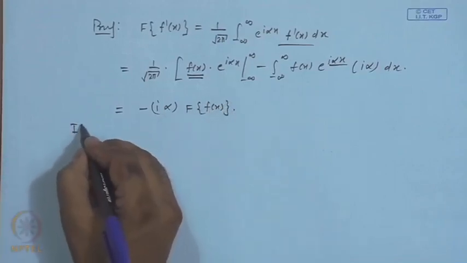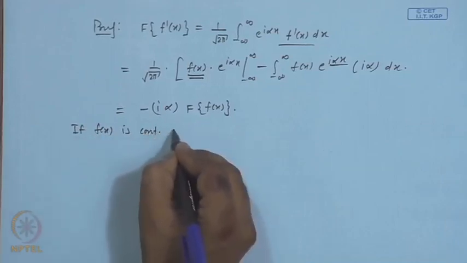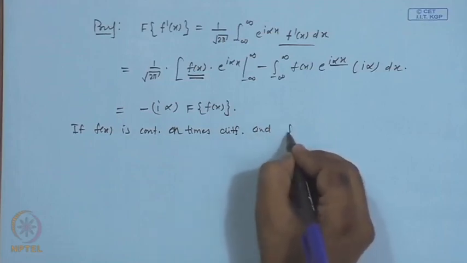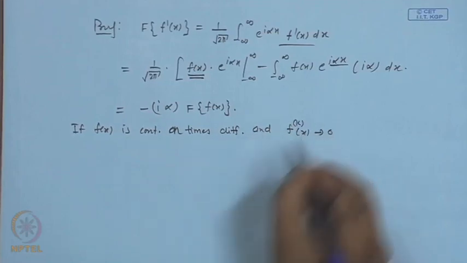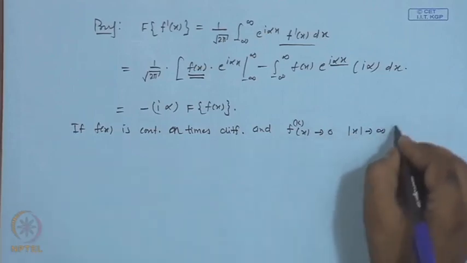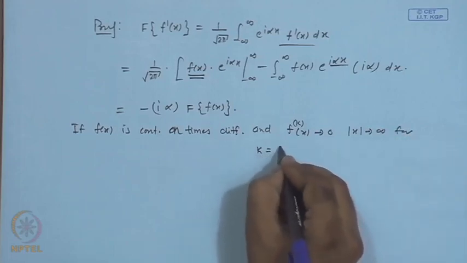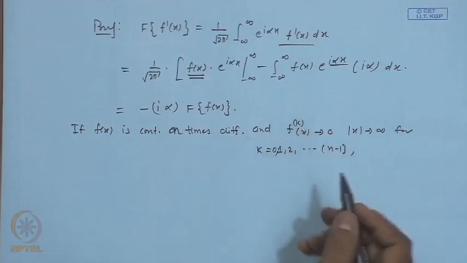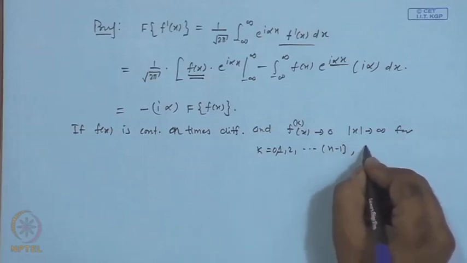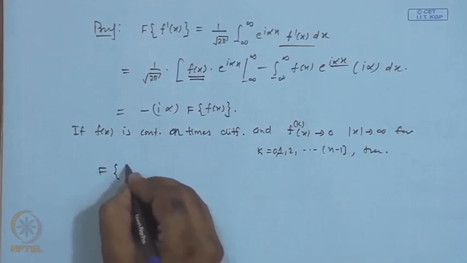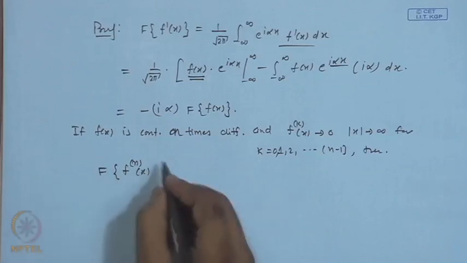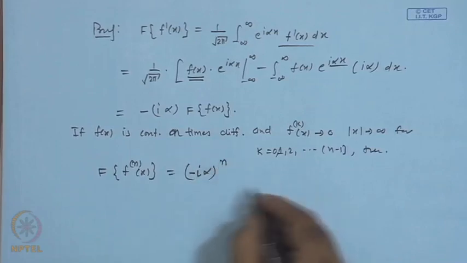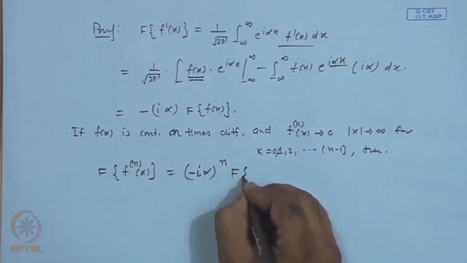So, here is the generalized version of this. If f(x) is continuously n times differentiable, and the derivatives of f approach 0 as x approaches plus or minus infinity for k = 1, 2, up to n minus 1, and also for k = 0, so f(x) itself should go to 0 as x approaches infinity, in that case the Fourier transform of the nth derivative f^(n)(x) will be (−iα)^n times the Fourier transform of f(x).